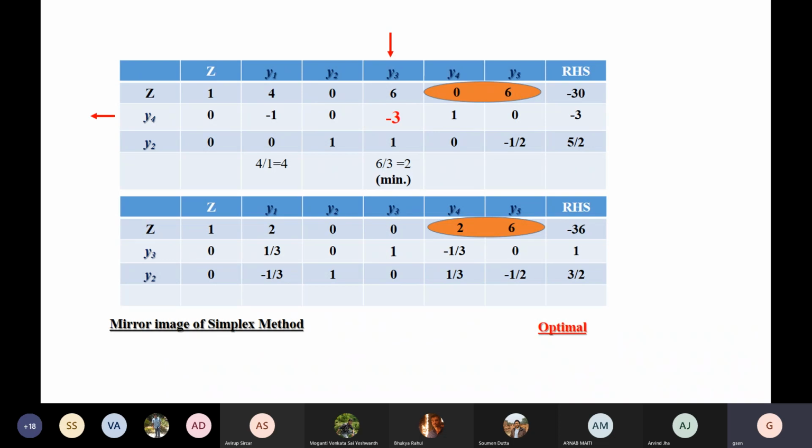Okay, which should not bother you, because now you have found an initial BFS. So you can now apply the primal simplex method on it to find the optimal solution.